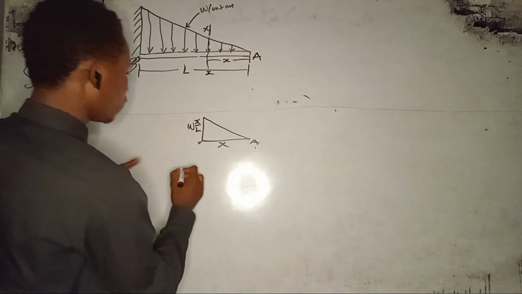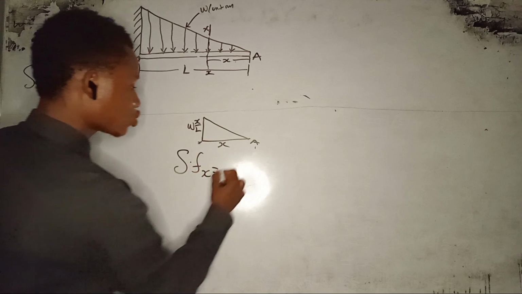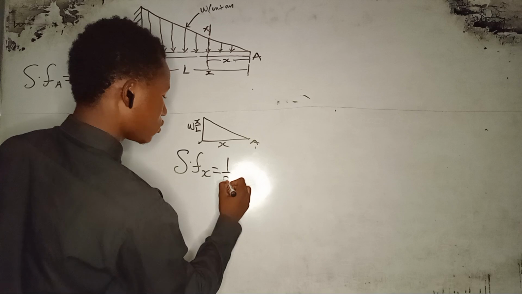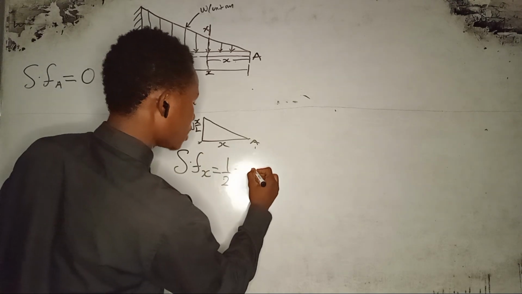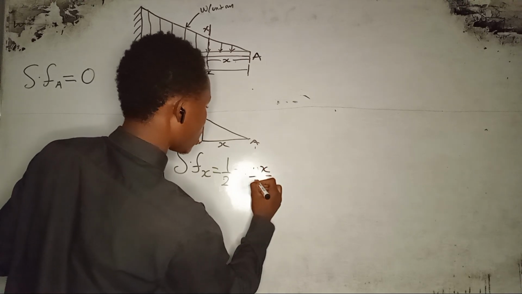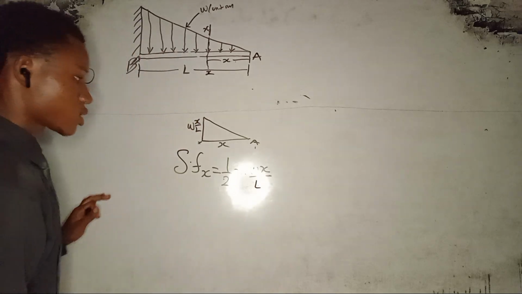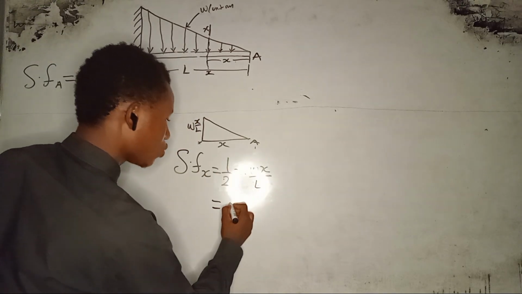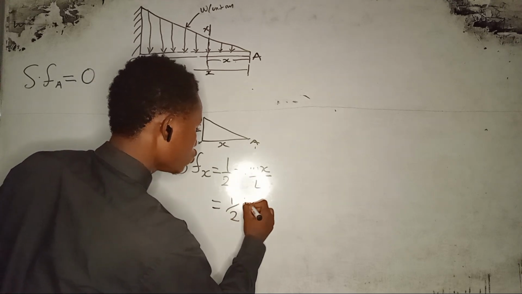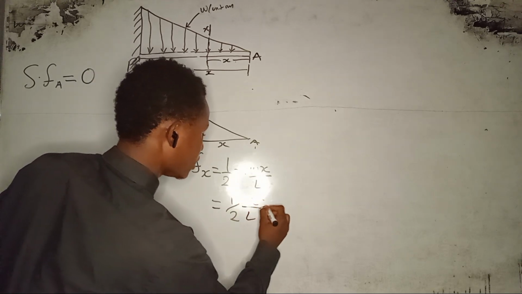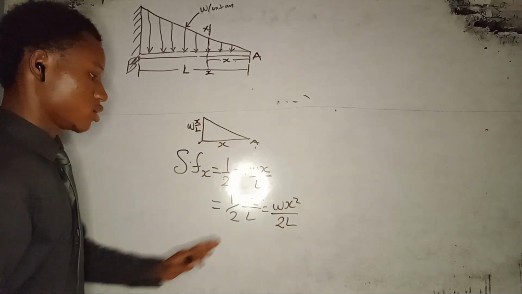So now the shearing force at point x would be equal to half times base times height. The base is x, and the height is Wx over the full length L. So the formula is 1 over 2 times Wx square over L, that is Wx square over 2L.